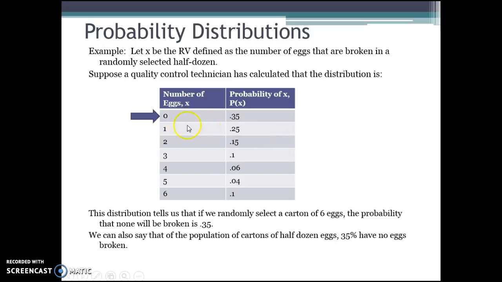And we can see that because that's on the chart. Okay, so for an X value of 0, P of X is 0.35. It's also correct to say that of the population, 35% have no eggs broken. Okay, or if we randomly select a carton of 6 eggs, the probability that none will be broken is 0.35, or 35%.